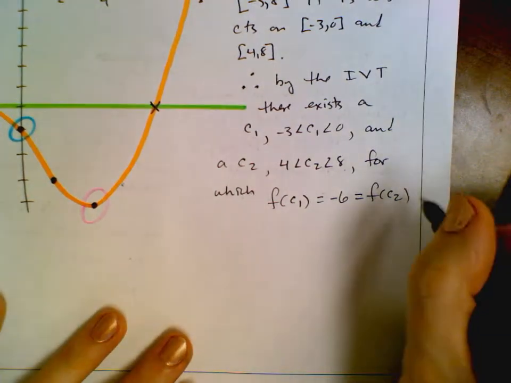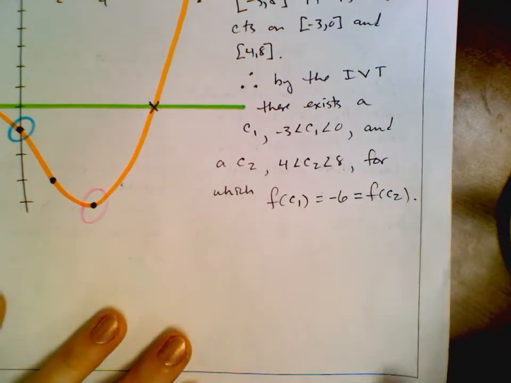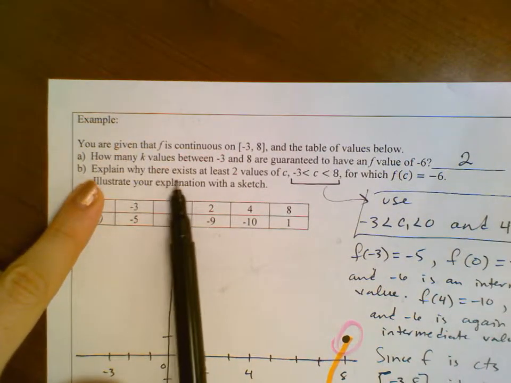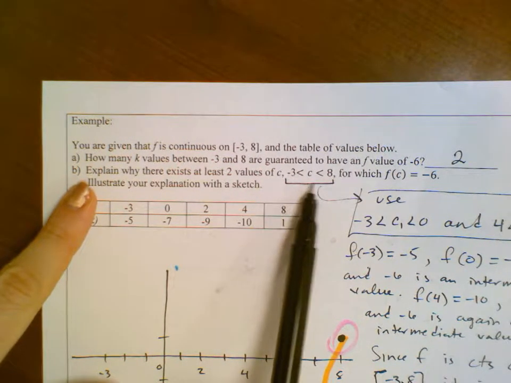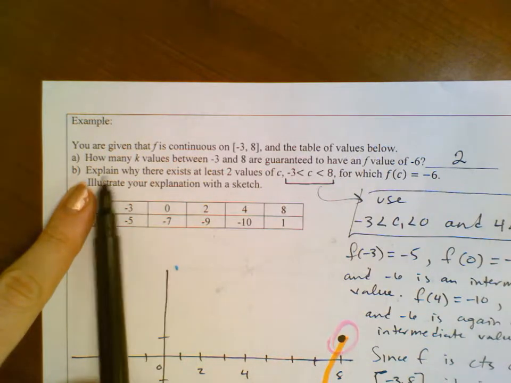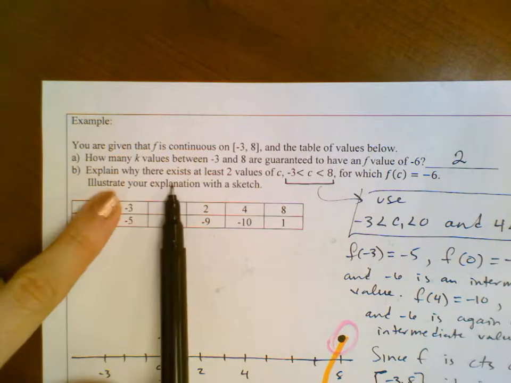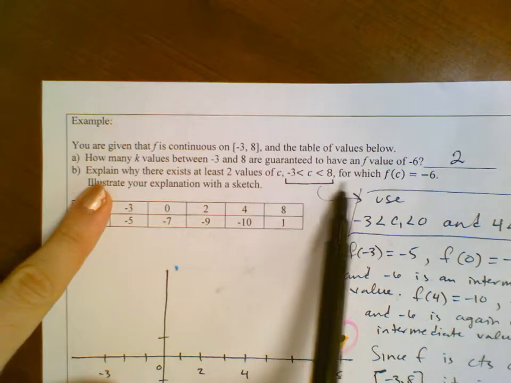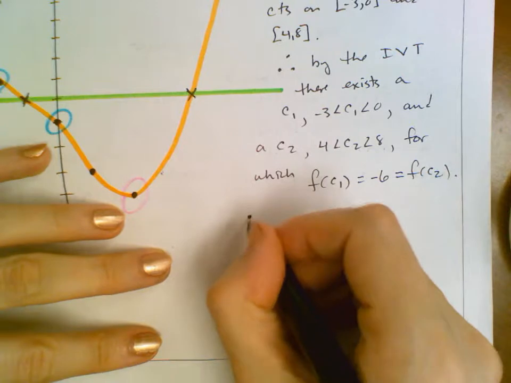All right, let's not stop there, because let's look at what they're asking us to explain. We've pretty much done it, but we just have to conclude it. They want us to explain why there exist at least two values of C, negative 3 less than C less than 8, for which this holds. So we basically just have to state this at the end. We're just going to repeat what they're asking us to explain.